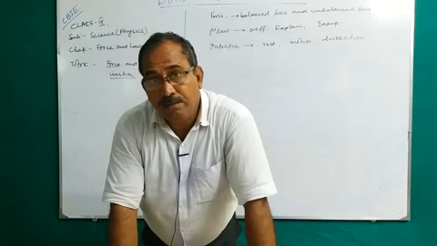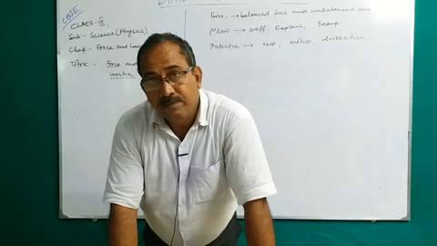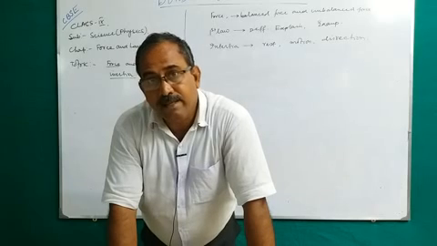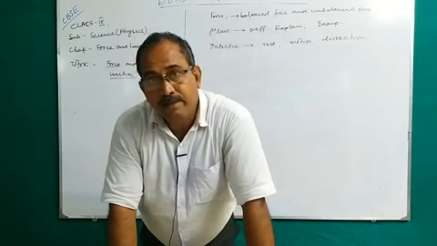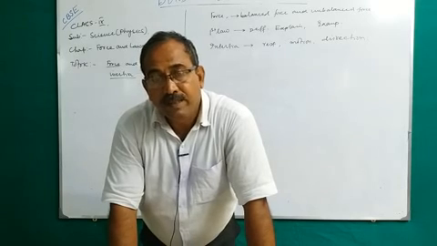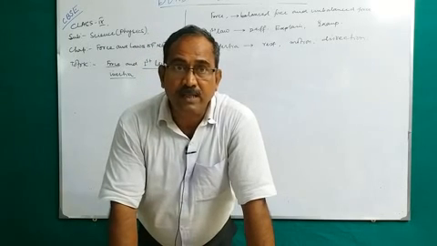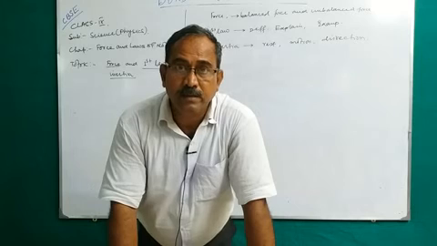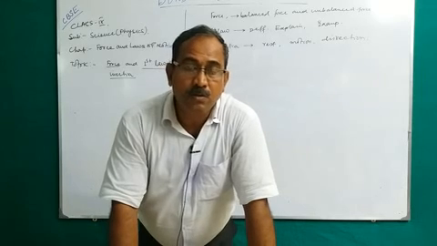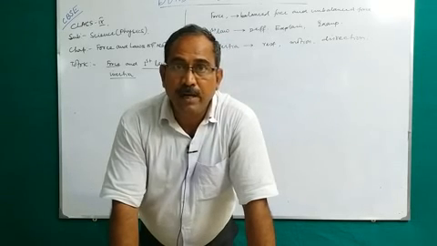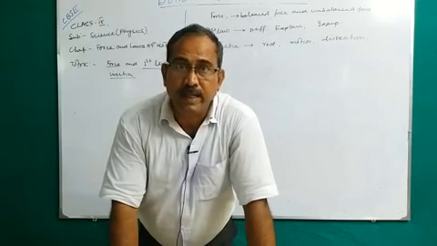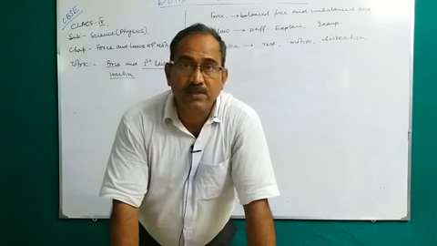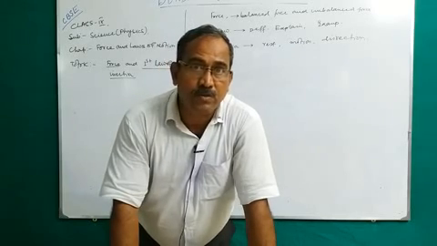So what is the meaning of it? If the object changes direction, if the object changes its state, that requires some unbalanced force on that object. So if you do not apply any type of unbalanced force on that object, it will move along a straight line with uniform motion.